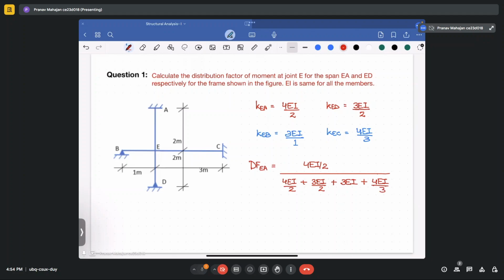So your total DF for EA will become 12EI upon 47EI, and then if you solve them, it will become 12 by 47. So for EA, we have calculated.